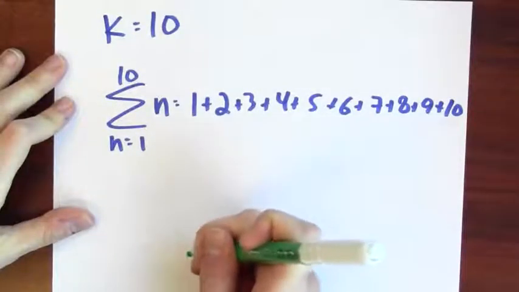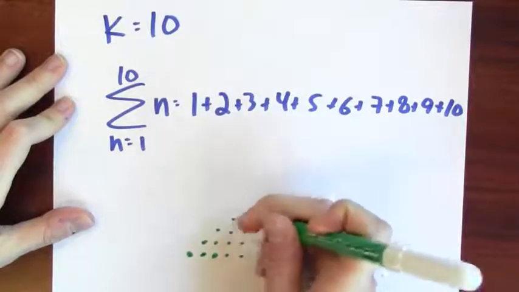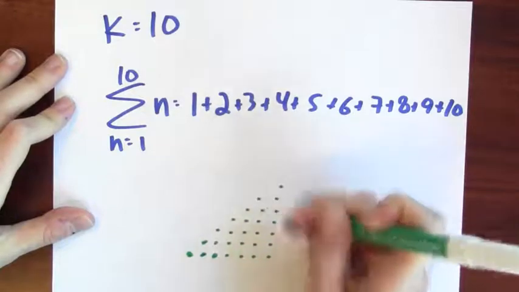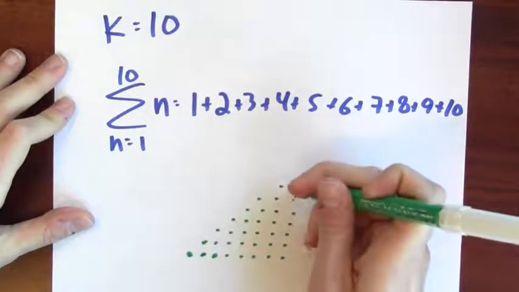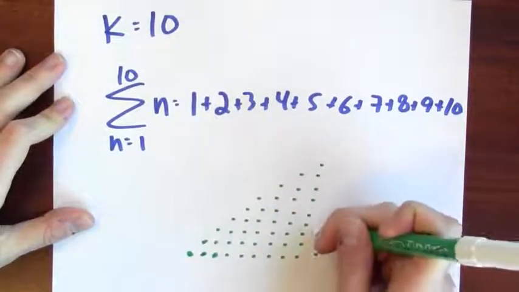I could actually draw this as a triangle. Put down 1 dot, 2 dots, 3 dots, 4 dots, 5 dots, 6 dots, 7 dots, 8 dots, 9 dots, 10 dots.